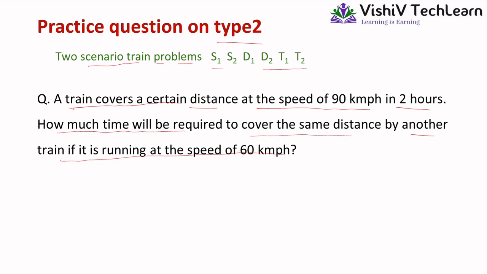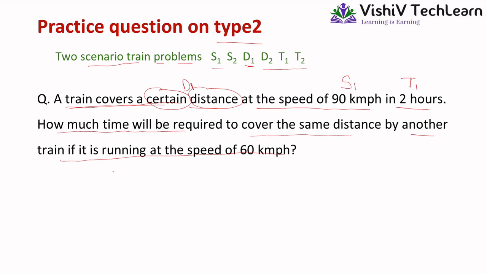Now let's first write down the data of the first scenario. In this, the train is covering a certain distance. So we don't know the distance. Let's assume it as d1 since it is case 1. So d1 will be the symbol. d1 is not known, that we have to find out. Speed is given, that is s1. Time is given, that is t1.